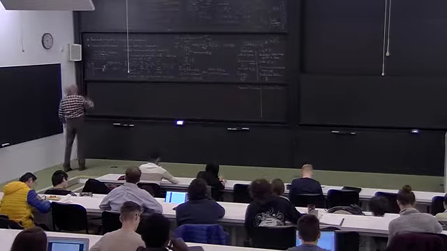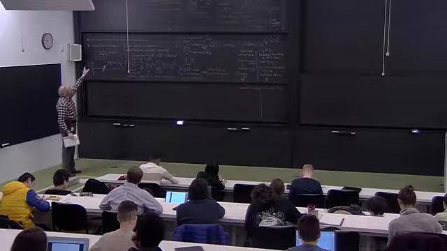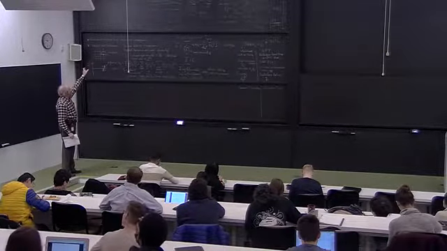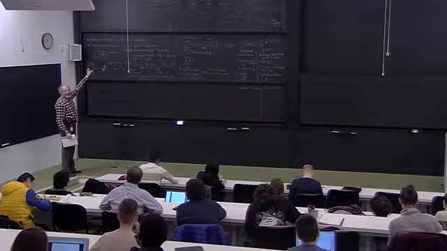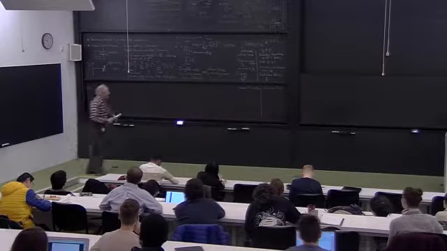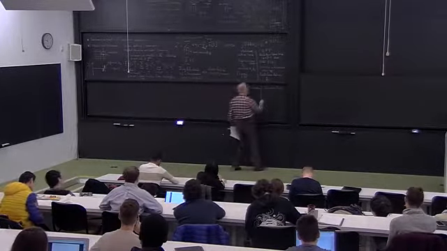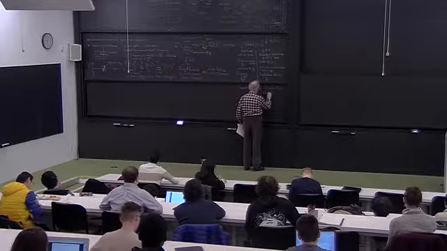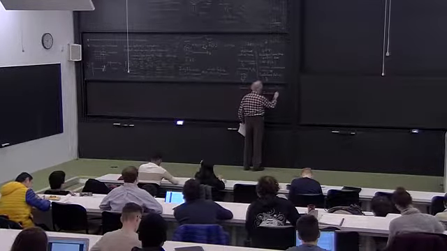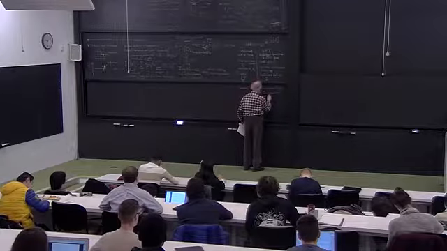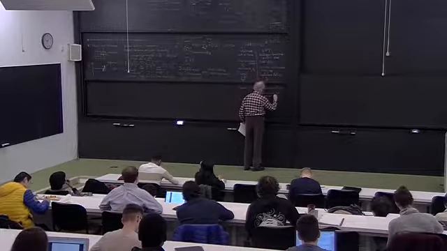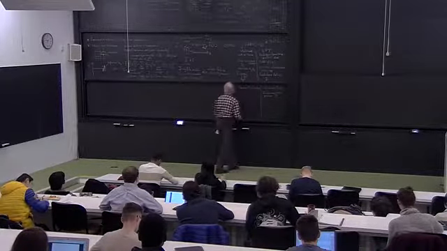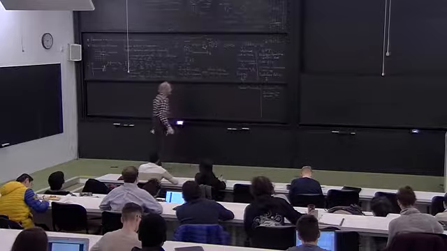On the first blackboard, I assumed that my path integral was defined in a finite box. So I had an Euclidean time period, let's call it tau. This corresponds to the first L.